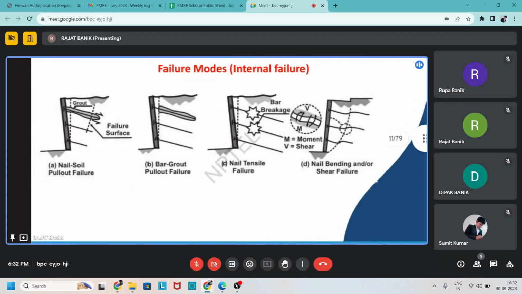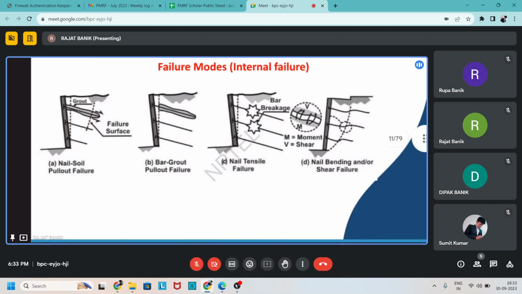Then nail tensile failure. That means when the lateral force is large, there may be a possibility that the tensile stress of the bar exceeds its ultimate strength. Due to this, there may be breakage of the bar, and this is called nail tensile failure.